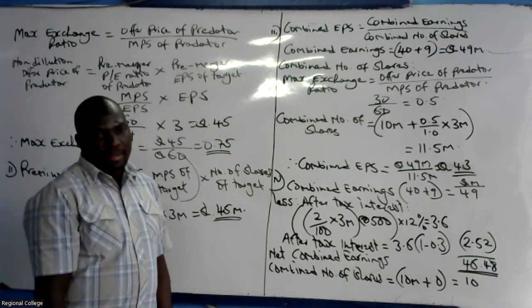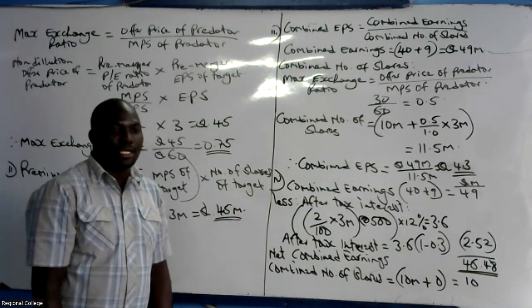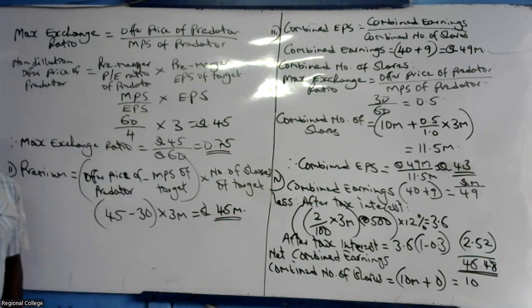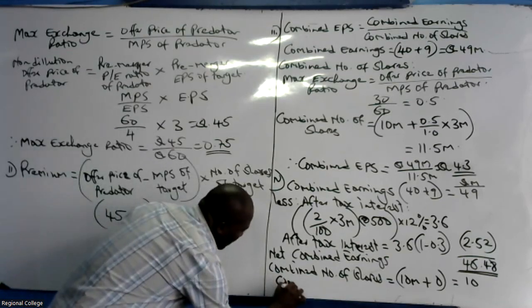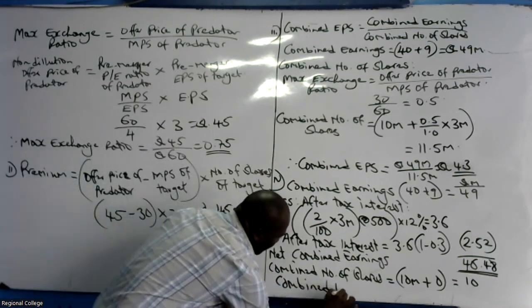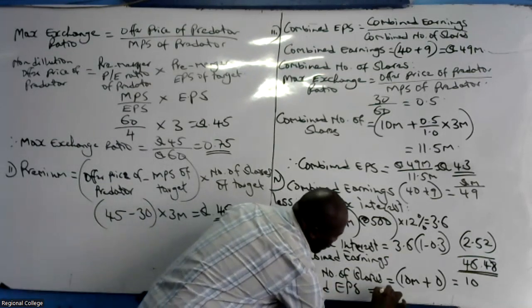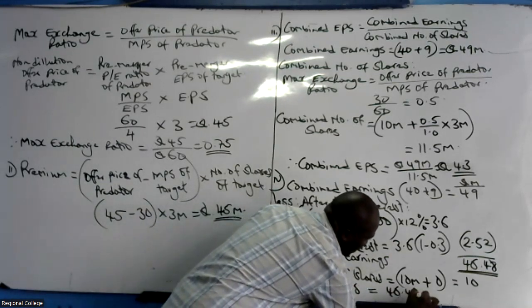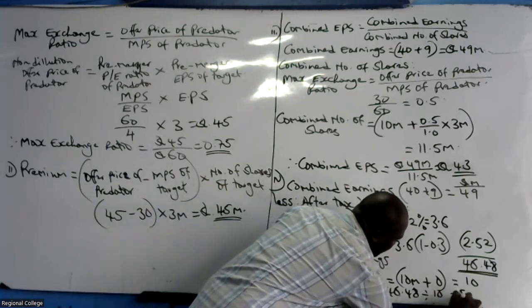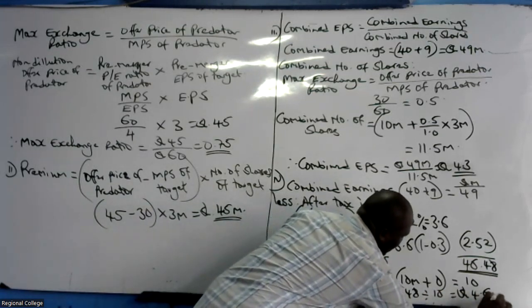Debentures. That's why interest increases, shares will not increase. We remain with A's shares only. 46.48 divided by 10, which is 4.648.